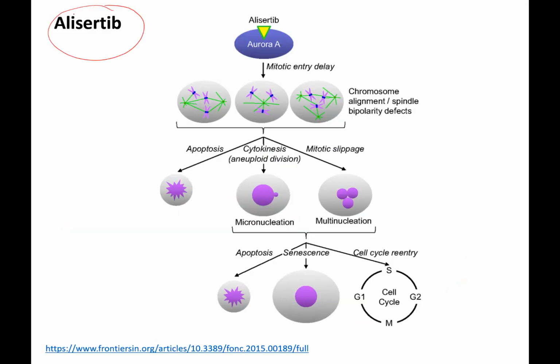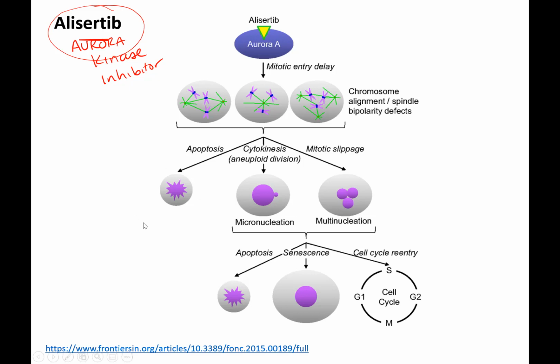Then we have this drug called alisertib. Alisertib is an Aurora kinase inhibitor. Aurora. You'd think I could spell Aurora. Okay. So, what I'm trying to show you here as you get into the readings is if you block Aurora A kinase activity, you can get delay of mitosis.